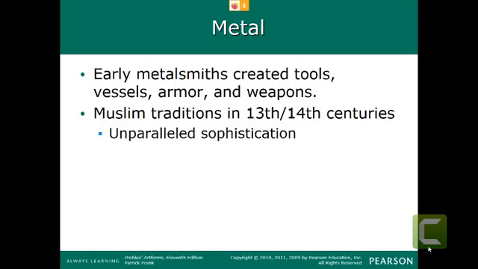Something about the metal workmanship of the Islamic culture, they actually helped the people in Europe, many of the Christian nations at the time. During the 1100s, 1200s, and 1300s, many of the Christian European countries were going through a type of depression.